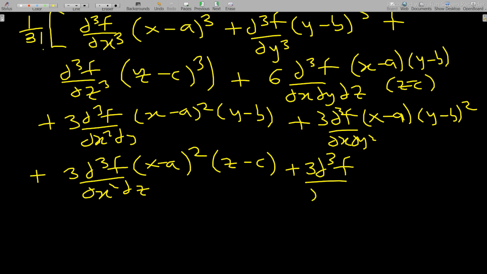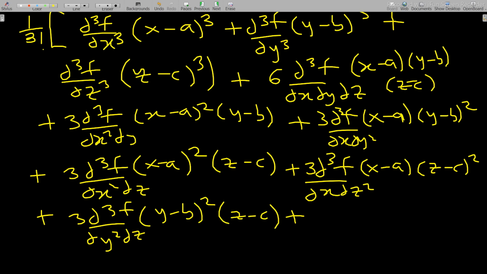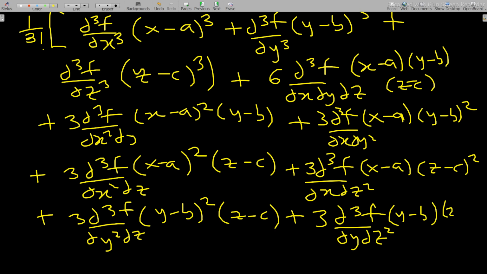So ∂³f/∂x∂z² (x minus a)(z minus c) squared, then plus 3 ∂³f/∂y²∂z (y minus b) squared (z minus c), plus 3 ∂³f/∂y∂z² (y minus b)(z minus c) squared.